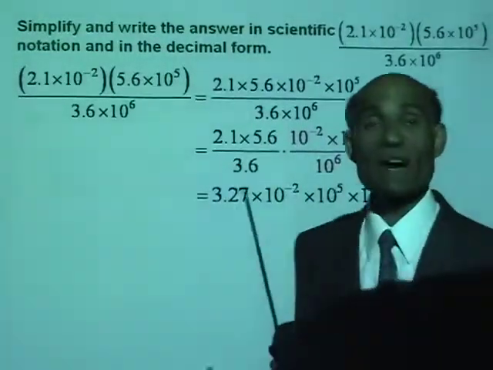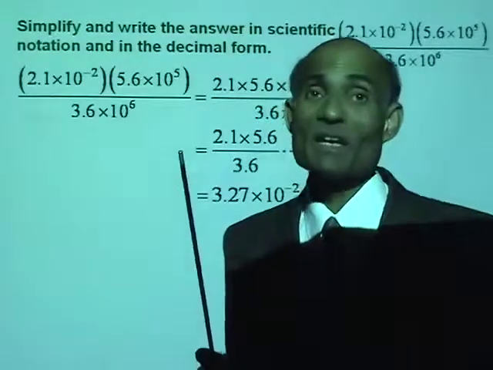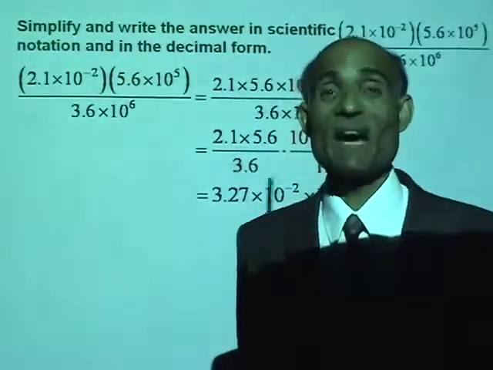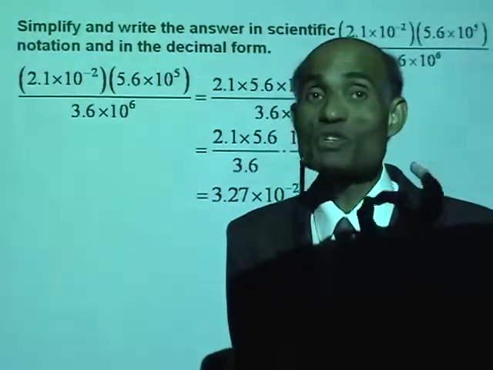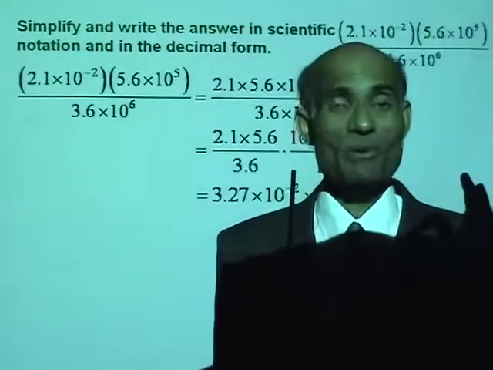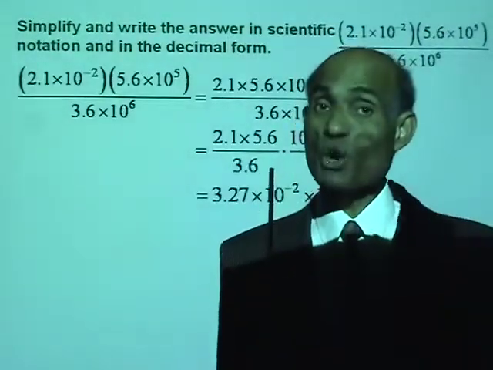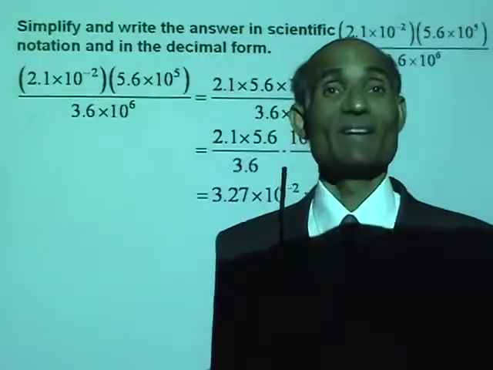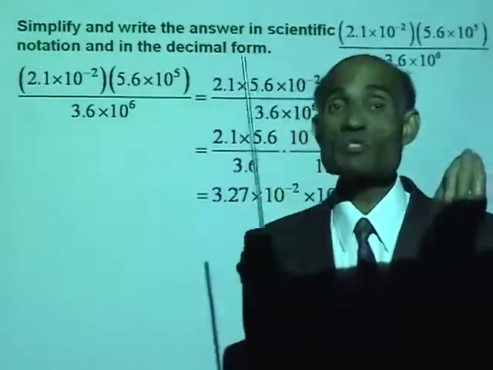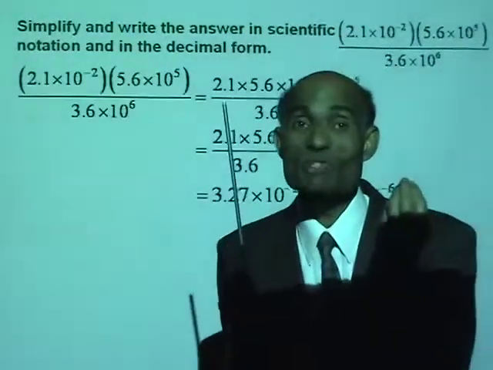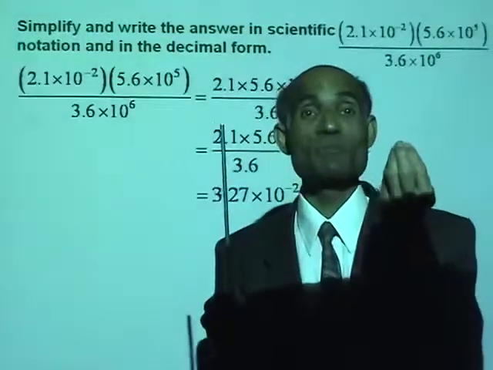Now, previously I told you in the last 2 lessons that an answer must not have a negative power. But that is not going to be true in this case. Now, in this case, when you write small numbers, the power of 10 is going to be negative 2.